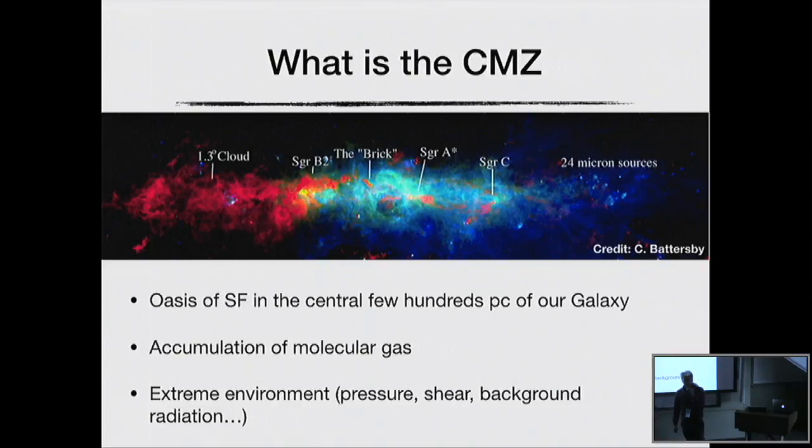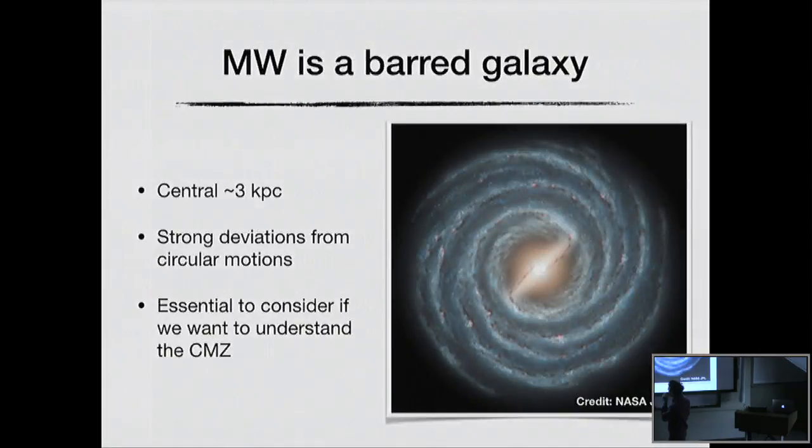And as the name suggests, it's an accumulation of molecular gas in the few hundred parsecs in the center of our Milky Way. But to understand how we actually end up with this accumulation of molecular gas in the center, we have to look at the broader picture of our galaxy.